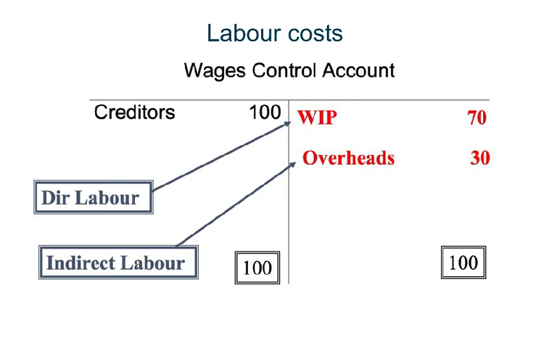Very important here to remember, it's the direct labor that you will then post to the WIP or production or work in process account, and the indirect labor will go to, or is called then, your overheads. At the end, your wages control account should be balanced out. In other words, your debit should equal the credit.